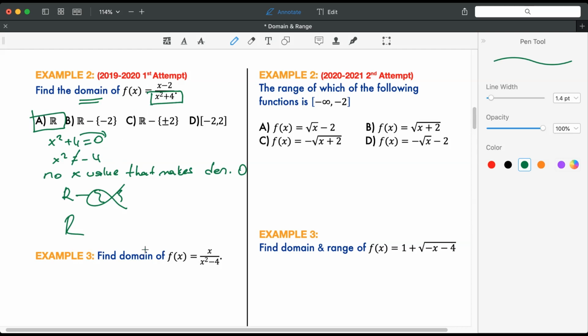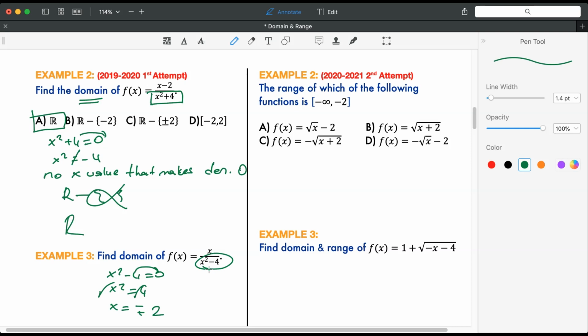Another example, find the domain. Again, look at the denominator. Our denominator is x squared minus 4. X squared is equal to, when you bring 4 to the other side, 4. And x is, take the square root of both sides, negative and positive 2. So when I plug in 2, 2 squared minus 4 makes 0.